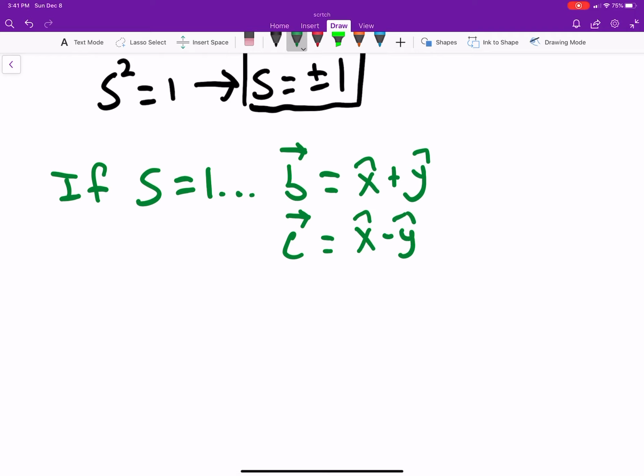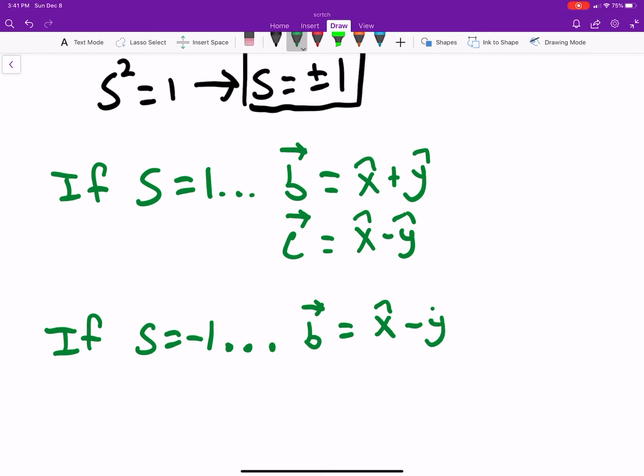That's the result if s equals 1. But there's the other case of s equals negative 1. And if s equals negative 1, we'll get the exact same thing, only with flipped signs. So those are the two possibilities.